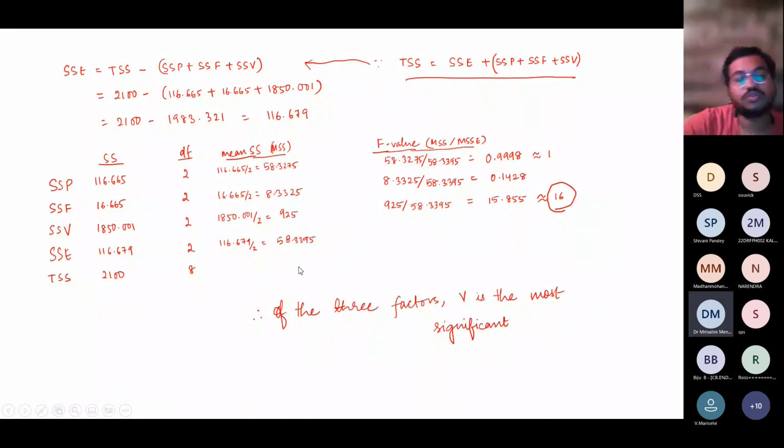So if we do this 2100 by 8, what this gives us is the variance for the whole data set. So that's termed as the mean variance. Mean variance, yeah, exactly. Mean sum of squares, mean variance. But for our purposes, we won't use it anywhere, so we have left it. It may come as a question, yeah.